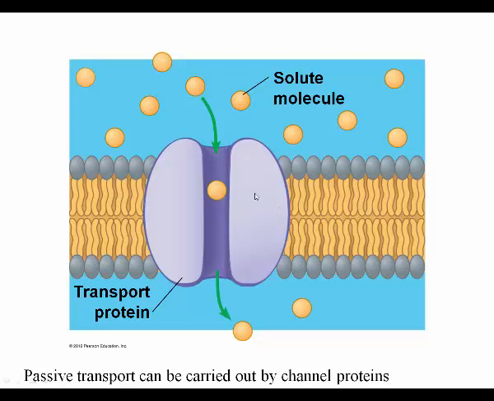Of course the amino acids that are interacting with the membrane are nonpolar, but you could imagine in this aqueous-filled channel, water-filled channel, we've got some kind of polar or hydrophilic amino acid. And if the goal is to move positively charged ions through the channel, then negatively charged amino acids will be lining the channel.